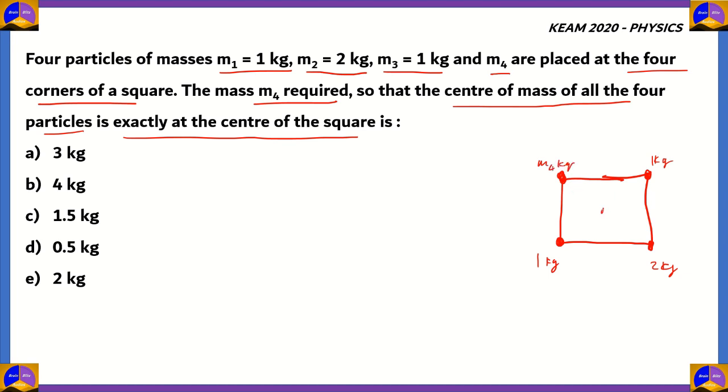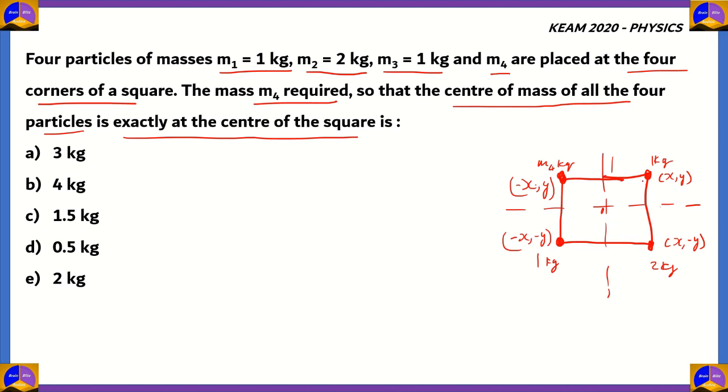We are going to assume that the center of the square is the center of the coordinate plane in which the square lies. Therefore, the coordinates of M1 will be x comma y, M2 will be x comma minus y, M3 will be minus x comma minus y, and M4 will be minus x comma y.